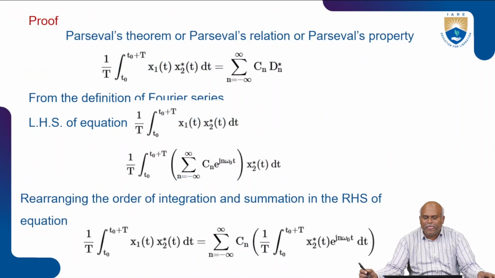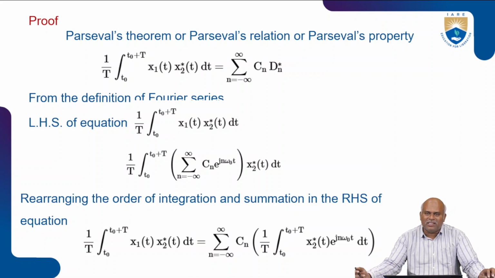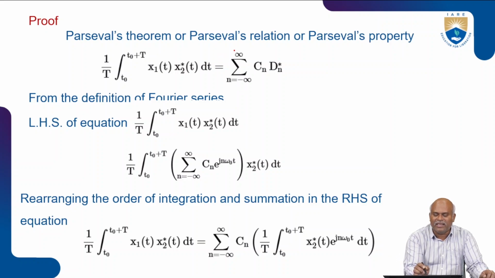First we go for the Parseval theorem, or Parseval relation, or Parseval property. It is represented as 1 by T integration of t0 to t0 plus T of x1 of t into x2 star of t dt, which is equal to the summation of n equal to minus infinity to plus infinity of c of n d of n star.